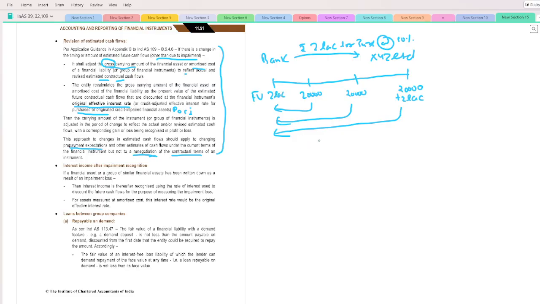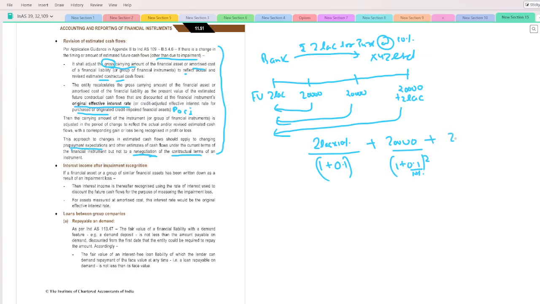Why? Because in the numerator, 2 lakh into 10%, that is 20,000, divided by 1 plus the discount rate, that is also 10%, so 1 plus 0.1. Plus the next year's 20,000 divided by 1 plus 0.1 squared.